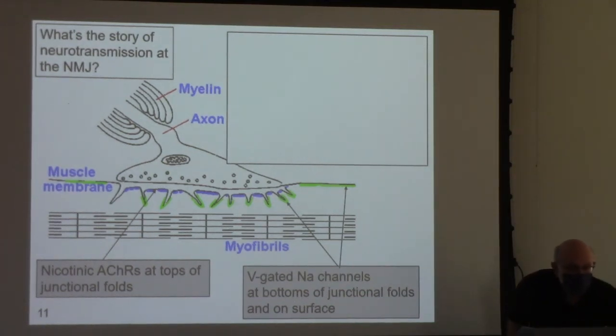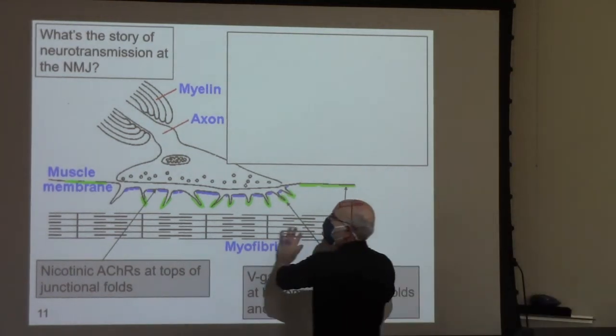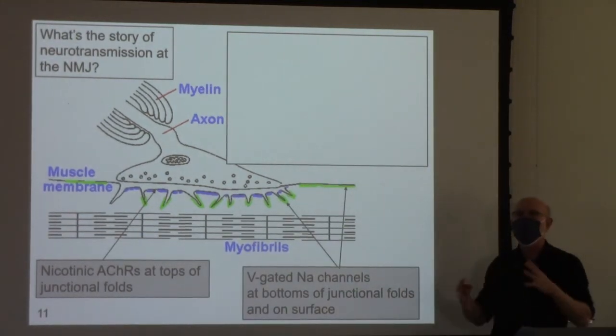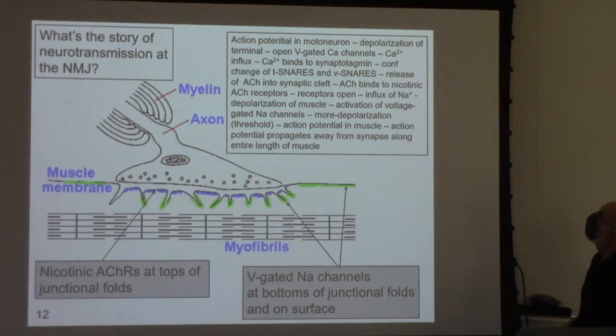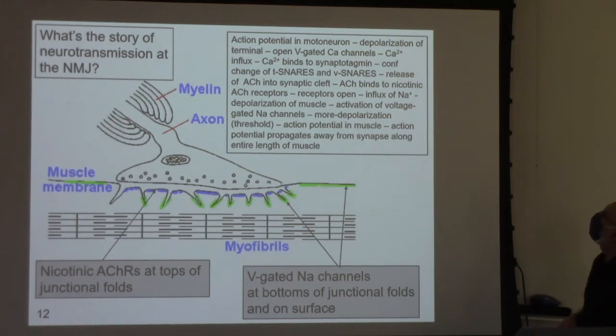So I think that's where we end this story, because we have not yet explained how we're going to get contraction of the muscle. This is a cartoon of the contractile machinery. So here's the answer, which I will post. I think we got it all.